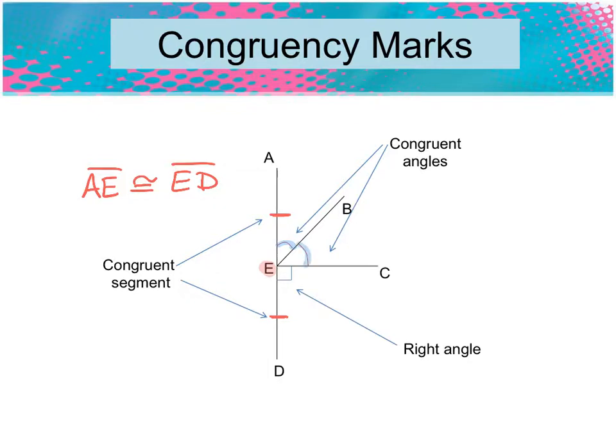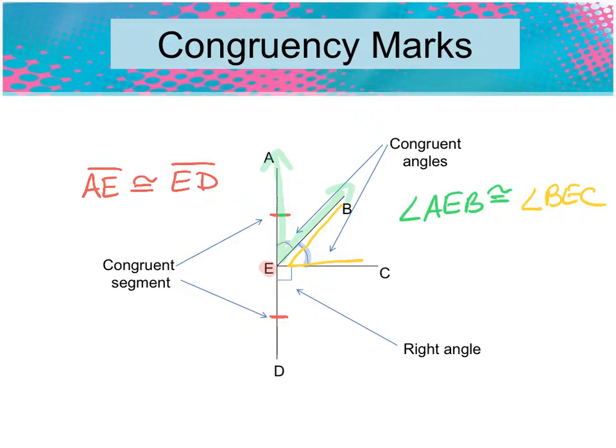So I can show here that angle AEB, so let me write that out, angle AEB is congruent to the same angle over here that has the same mark, and I can call that angle BEC. Now I could have reversed it, said BEA and CEB, but I'm showing because they have the same congruency marks that those angles are congruent.